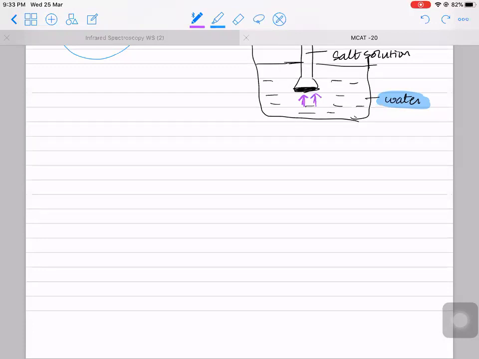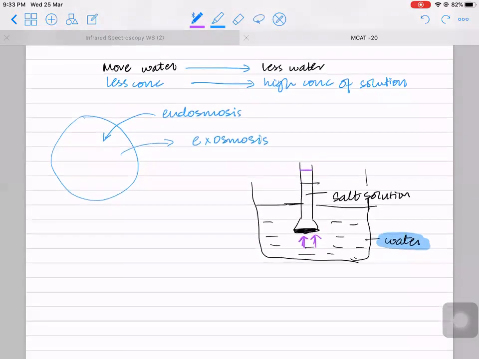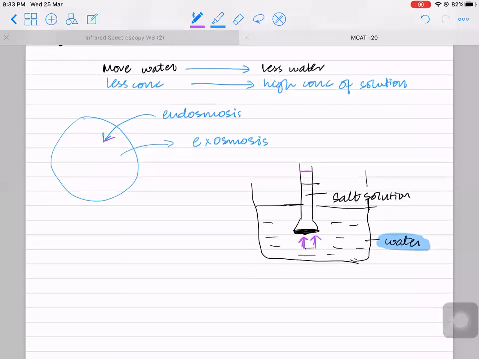There will be osmosis of water from outside the cell into the cell. So basically endosmosis occurs if you have a high salt diet. Patients who have a high salt diet develop a condition called edema. Swelling occurs, water retention occurs, and that is because of osmosis.